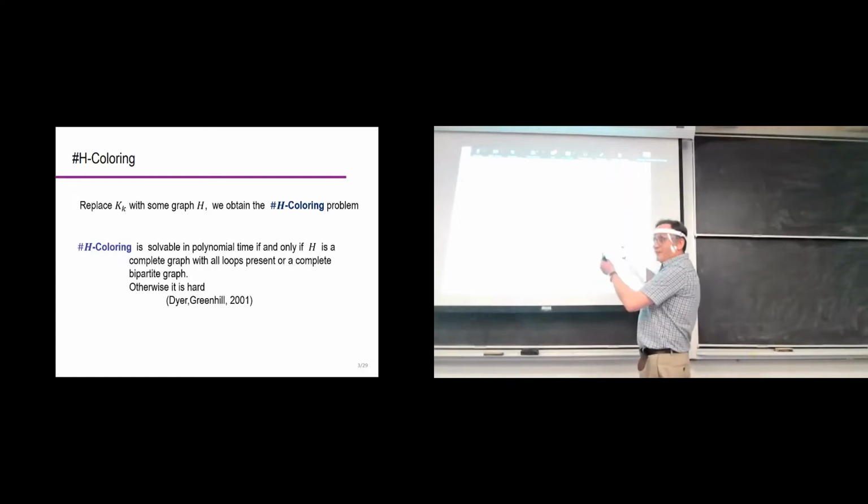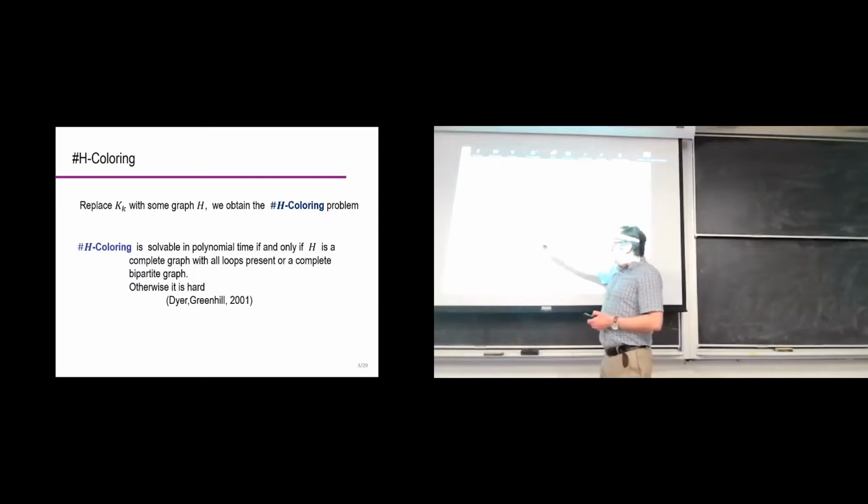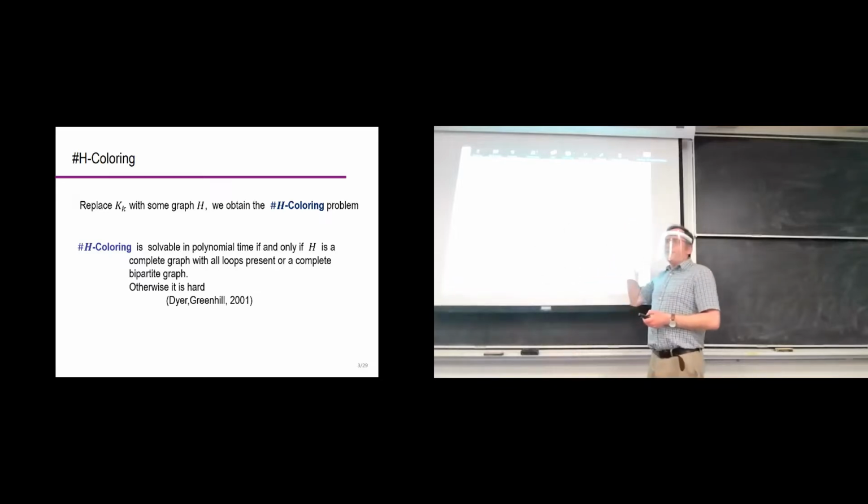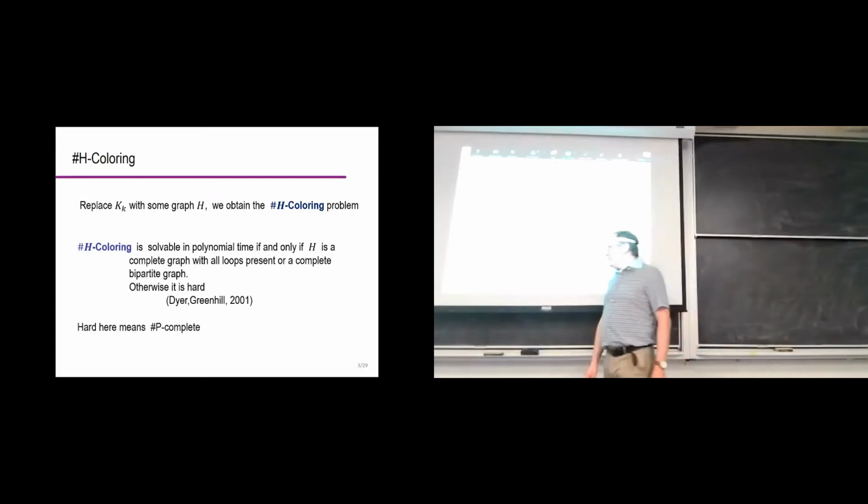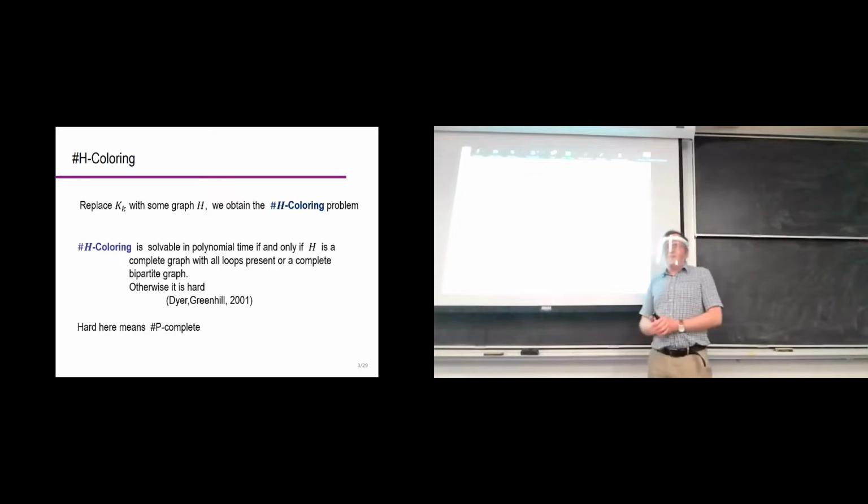If we talk a little bit more about this example and ask what it means that it's hard, we can think hard in any reasonable way, say NP-hard, for instance. But if we want to be correct, then the hardness here means #P-completeness. #P is a very well-studied complexity class. It is the class of functions that work as follows.